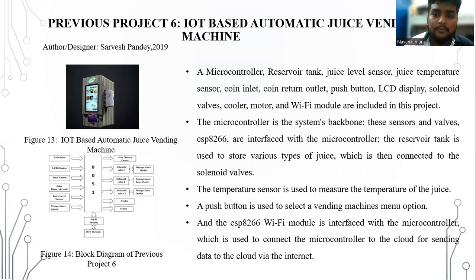This system uses a Wi-Fi module and has a cooling system inside, which will make the drinks cold. It uses an ESP8266 Wi-Fi module to interface with the microcontroller, which connects to the cloud for sending data via the internet.